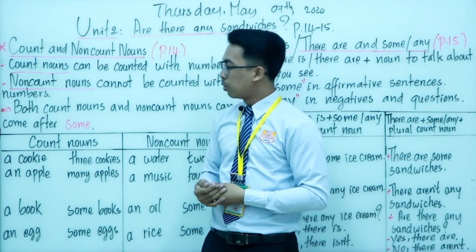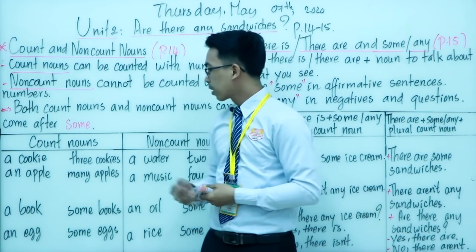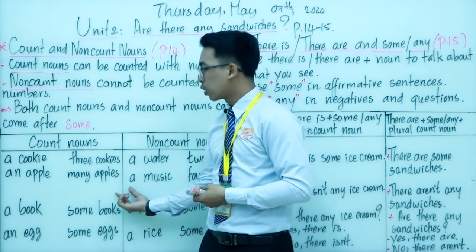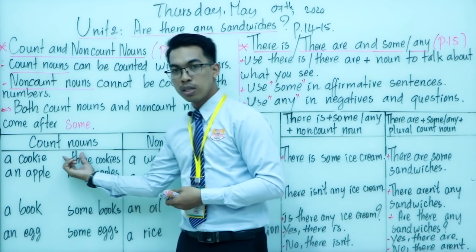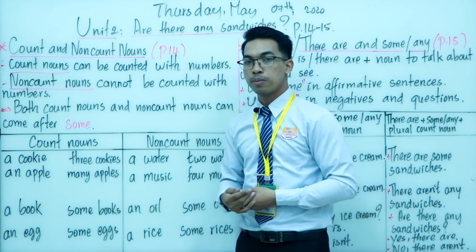To specify more about count nouns and non-count nouns, everyone please look at the two columns: the first column is about count nouns, and the other one is about non-count nouns.